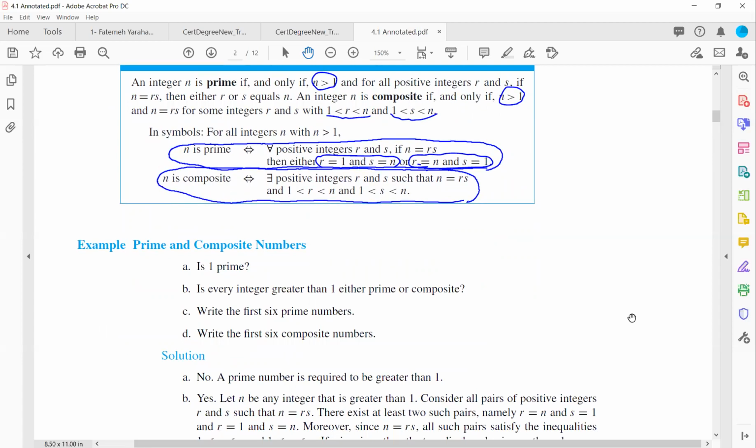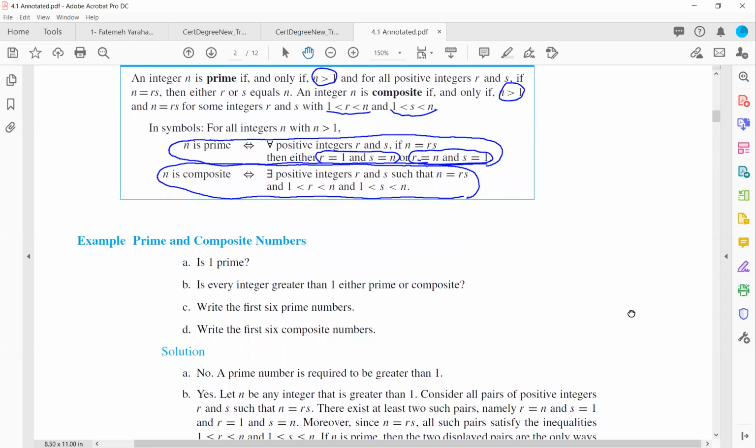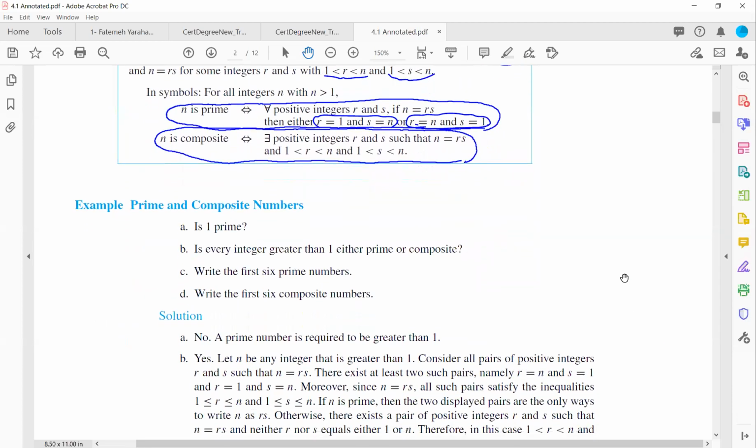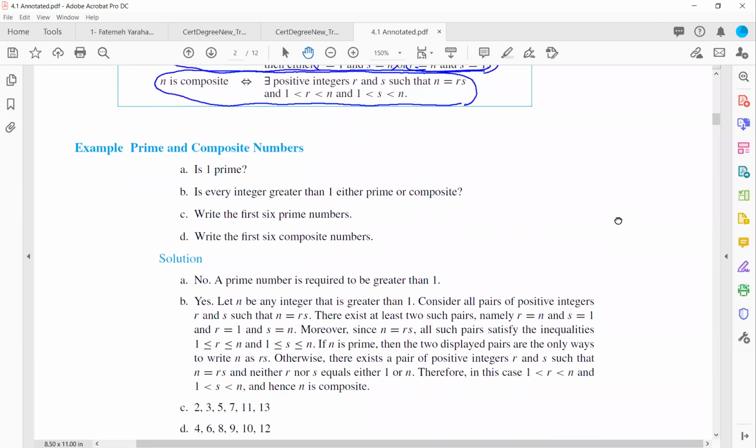So officially, you can say that for any integer greater than 1, it's either prime or composite. The first 6 prime numbers: 2, 3, 5, 7, 11, and 13. The first 6 composite numbers: 4, 6, 8, 9, 10, and 12.